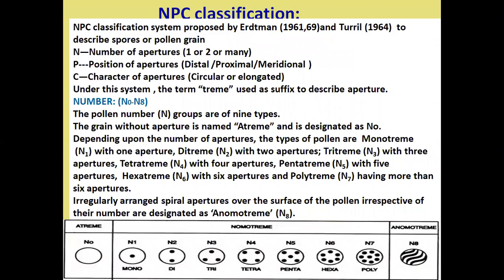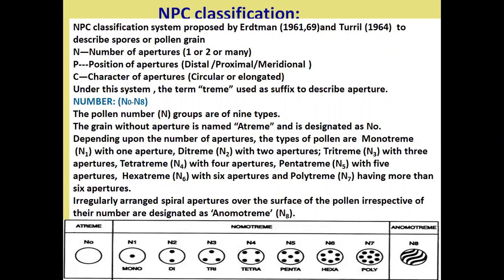Next, one of the important classifications. This classification was introduced by Erdtman and Tarrell to describe spores and pollen grains. Such a classification is called the NPC classification. N means number, P means position, C means character.